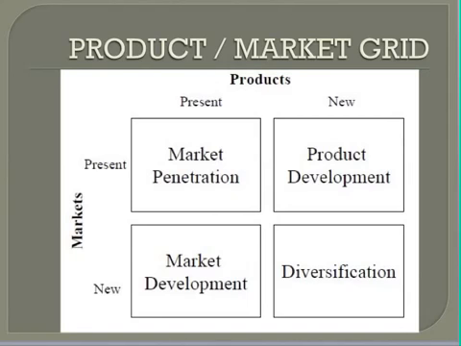The first 2 columns represent present and new, from left to right, and the first 2 rows are present and new from top to bottom. In the next slide, I will talk in a little more detail about market penetration.